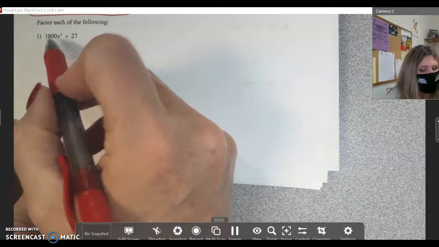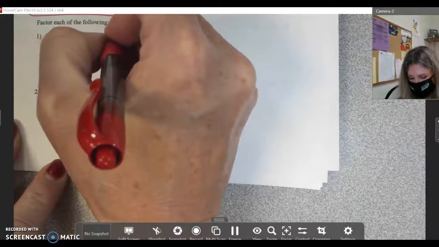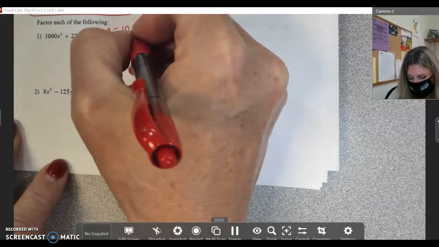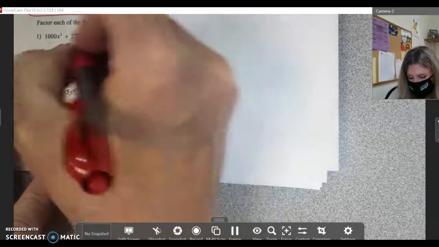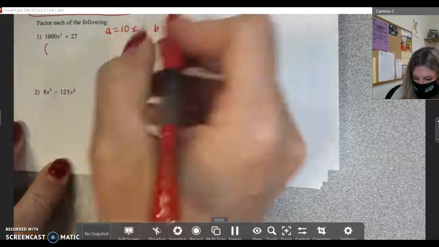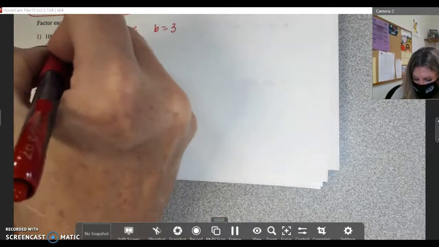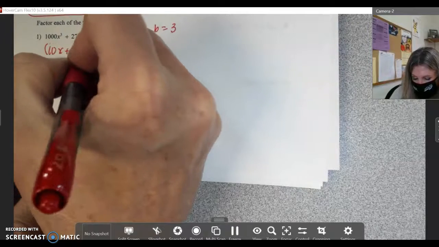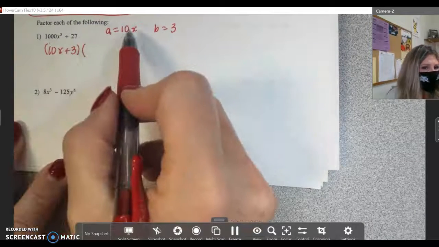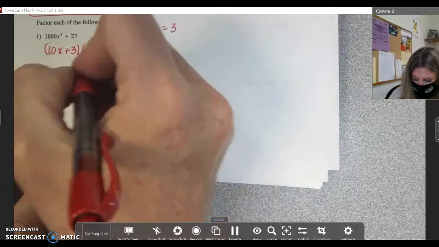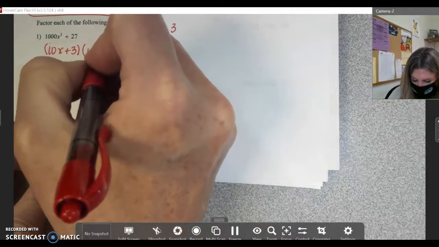These are perfect cubes. So what is the cube root of 1,000? And the cube root of x cubed? What's the cube root of 27? So now using our formula, it's going to go a, match the sign, plus b. Now the second parenthesis is going to be a squared. So what do I get if I square that? 100x squared.